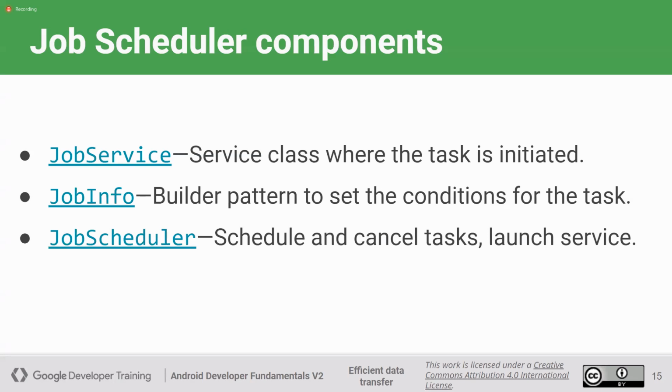Once all of this is done, your job scheduler will simply schedule a task by taking in the job info object. So whenever the conditions are met, your job scheduler will schedule the task so that the tasks defined inside job service will get executed.